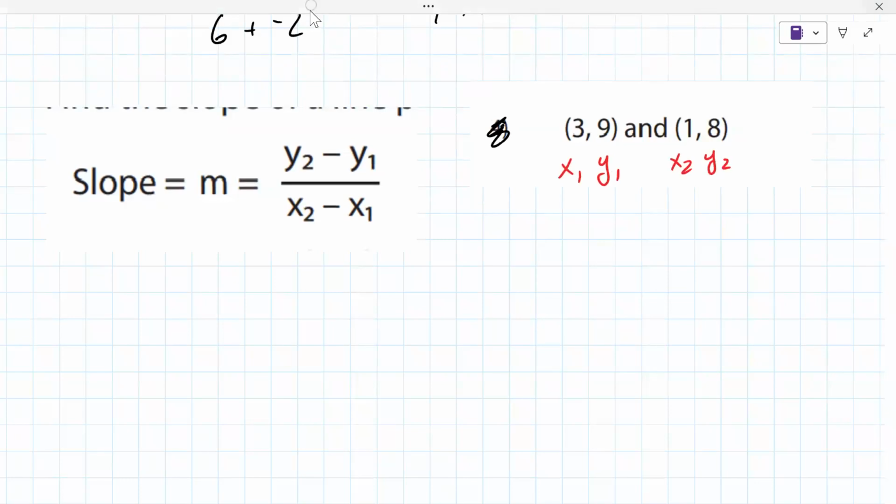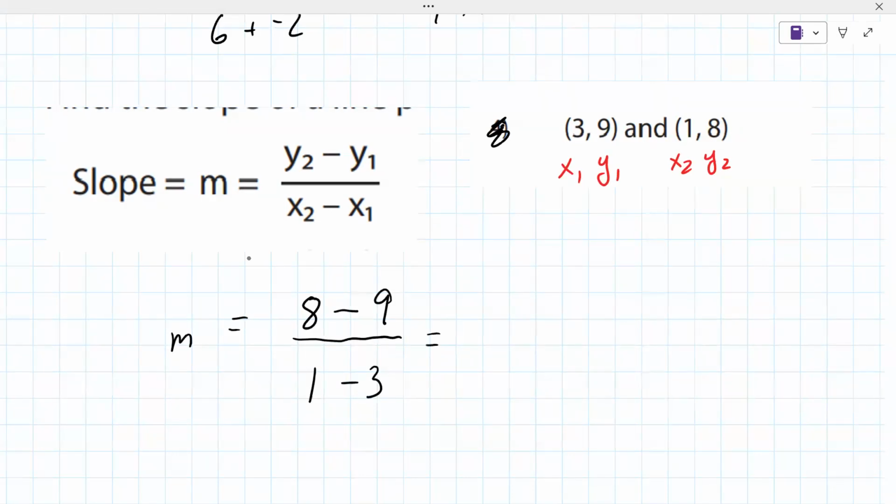Okay. So tell me what goes in the top. 8, and then 9, minus 9. Okay. How about on the bottom? 1 minus 3.